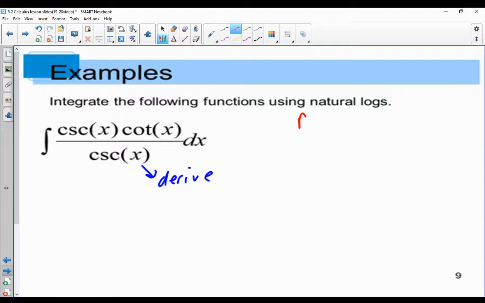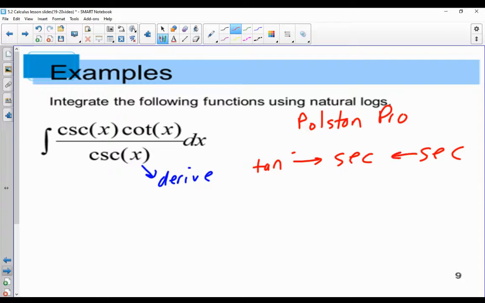Now, maybe this will be a good time to bring up the Polston procedure to help us remember what the derivative of cosecant is. So, remember we have tangent, secant, secant, with arrows going this way, and then cotangent, negative cosecant, cosecant.